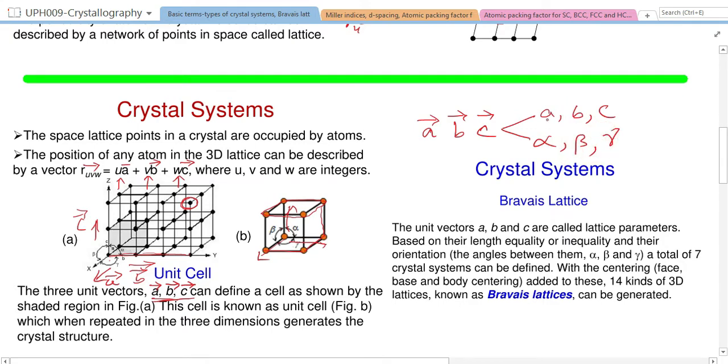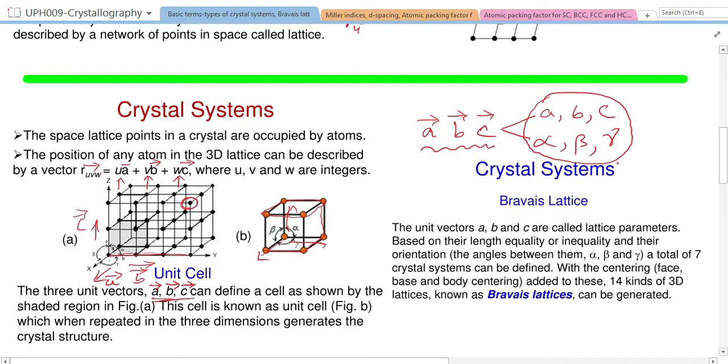If I give you A, B, C, the absolute values, magnitudes of these vectors, and the angles between them, alpha, beta, gamma, then you can uniquely identify in which directions these vectors A, B, C are. So these are basically in terms of some scalar numbers through A, B, C, alpha, beta, gamma.